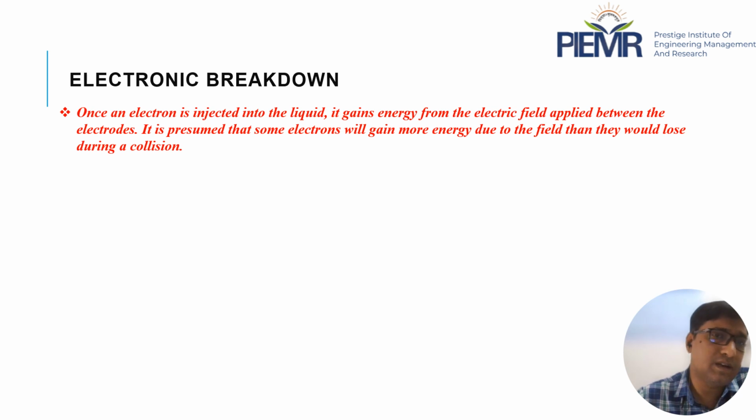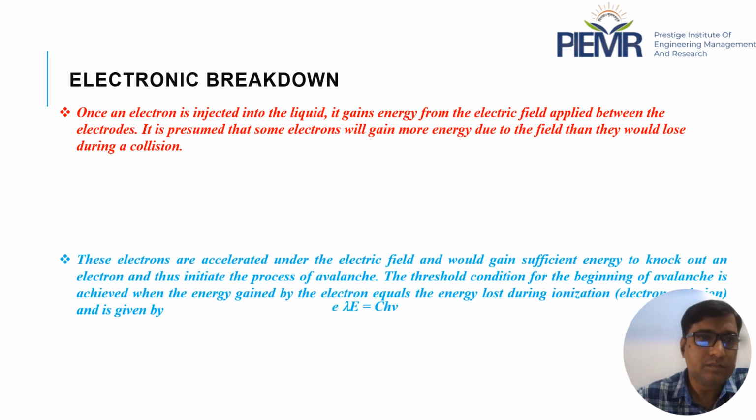The first one is the electronic breakdown that is considered for the breakdown of liquid dielectrics. Once an electron is injected into the liquid, it gains energy from the electric field applied between the electrodes. It is presumed that some electrons will gain more energy from the field than they would lose during a collision process. We will assume this theory to consider the electronic breakdown.